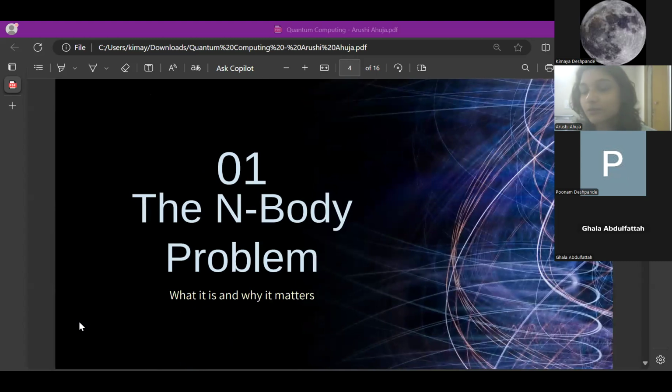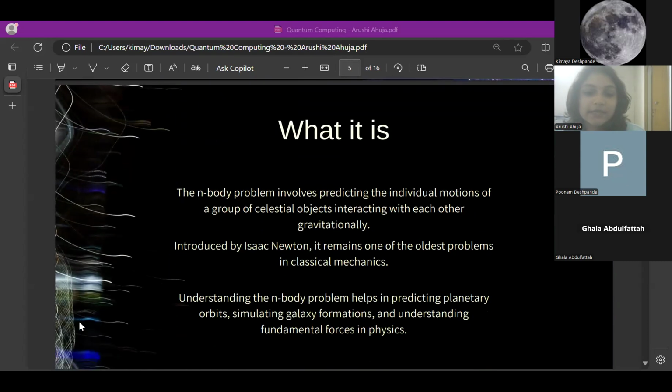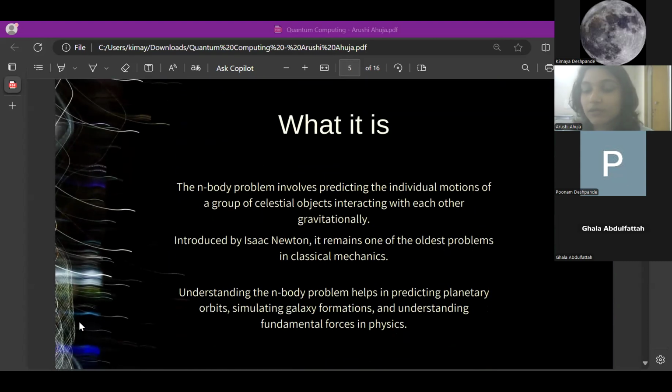So let's start with the first topic, the n-body problem, right? Now, the n-body problem basically involves us predicting the individual motions of planets interacting with each other gravitationally. If you have studied this in school, to calculate the gravitational force between two planets, you use a particular formula created by Newton, right?